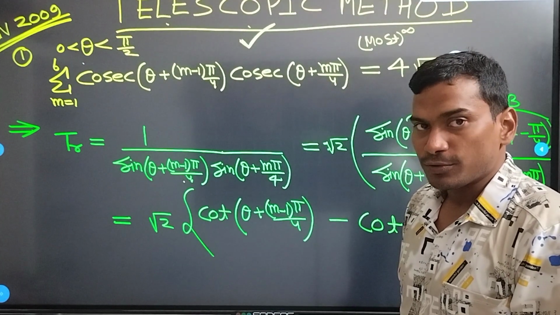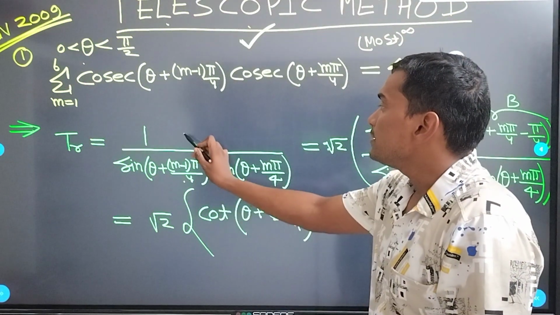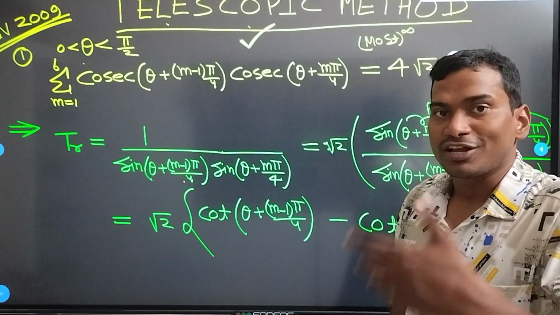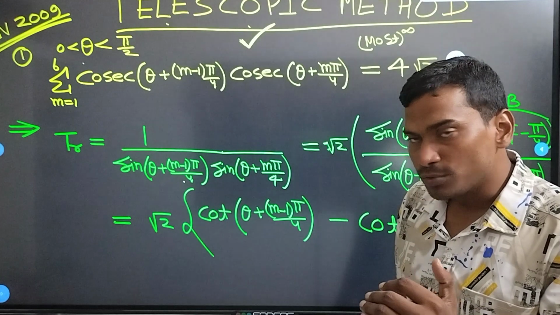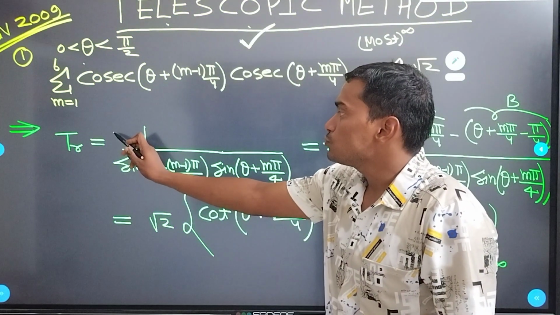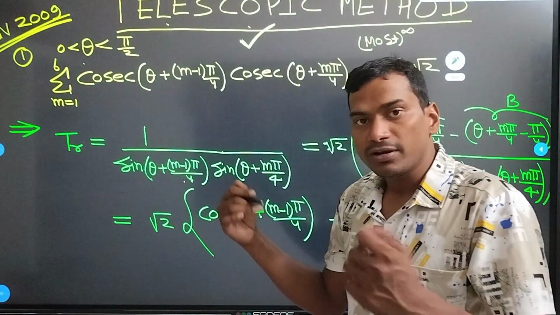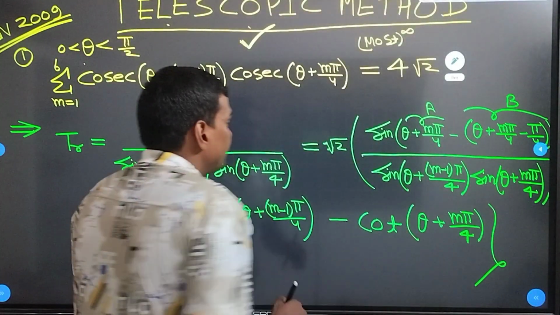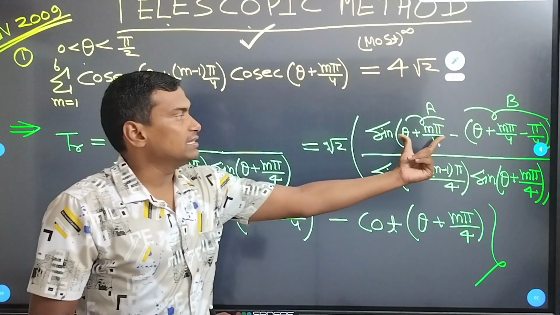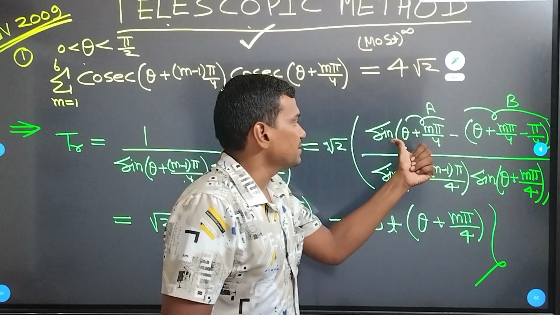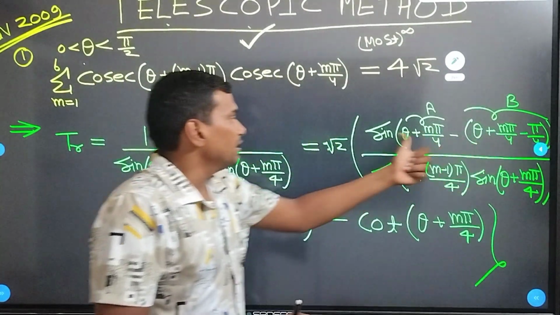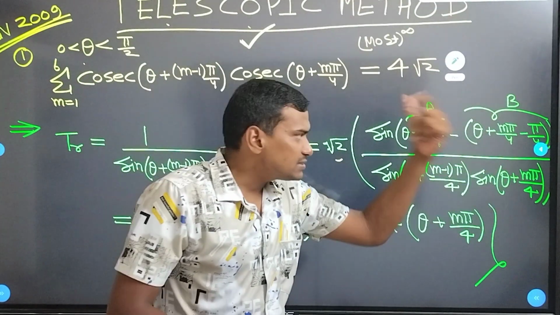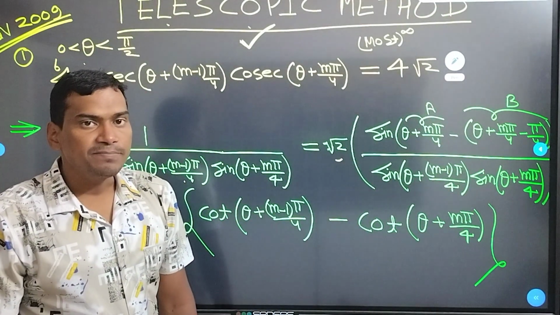We are getting pi by 4. So if here I write sine of a minus b, that is sine of pi by 4, that is 1 by root 2, then we will multiply by root 2. So root 2 into 1 by root 2 will be 1. Right? So see, here I have written sine of this minus this, that means this is 1 by root 2 multiplied by root 2, numerator is still 1, denominator is this. Simple.